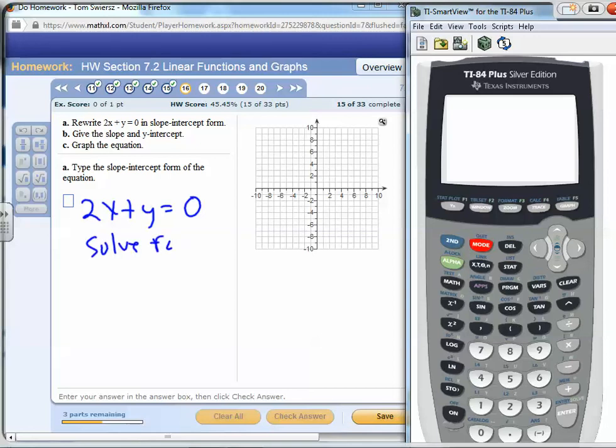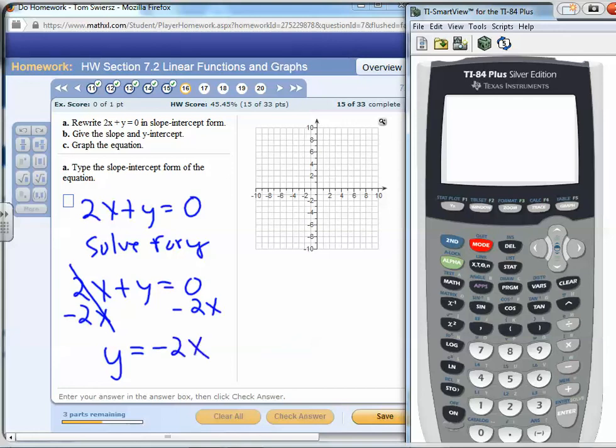To get rid of the 2x, you would subtract 2x, because 2x minus 2x is 0, so you get y by itself, which is what we need, and 0 minus 2x is simply -2x. So we don't have any y-intercept. So our slope-intercept equation is y equals -2x. You have to put that entire equation into MyMathLab.